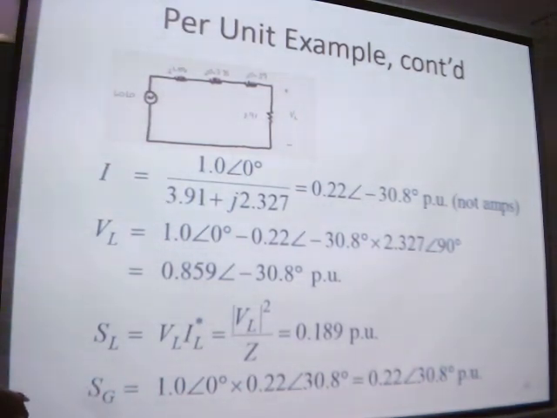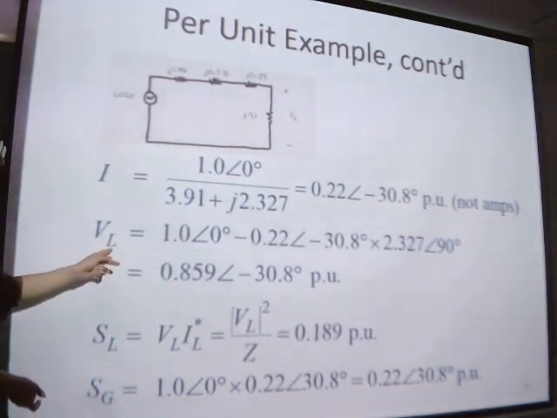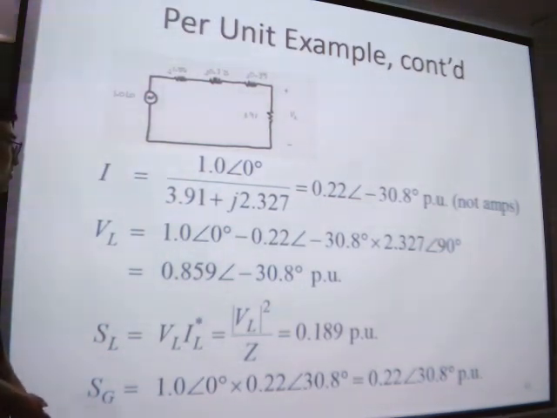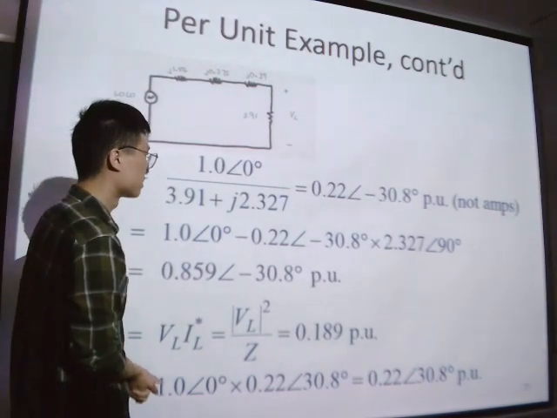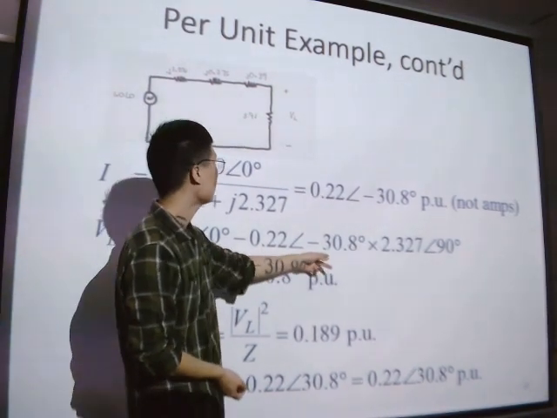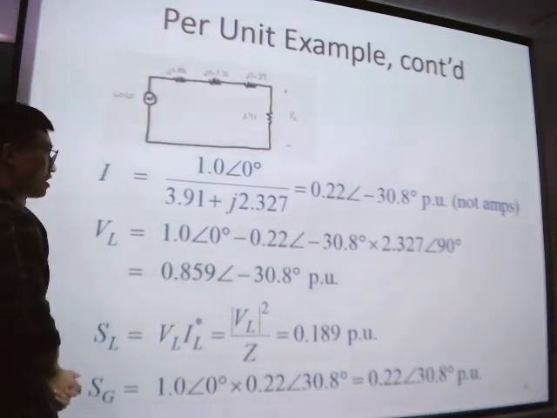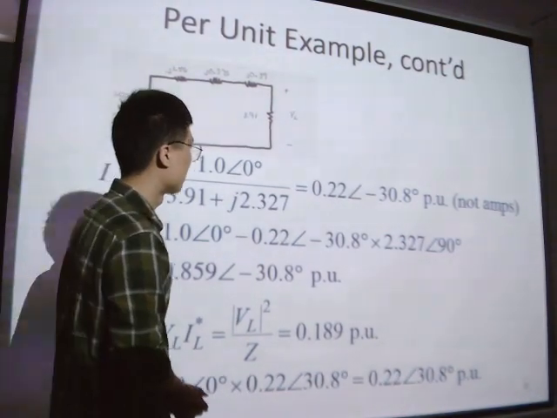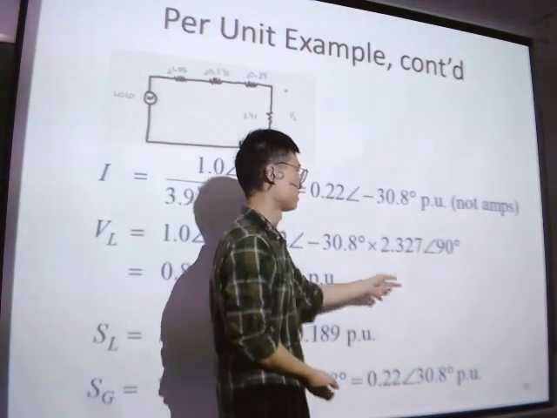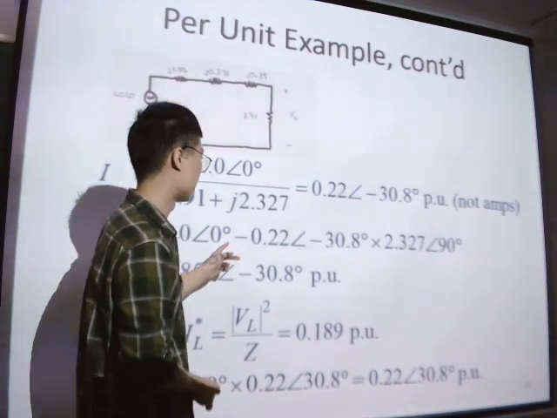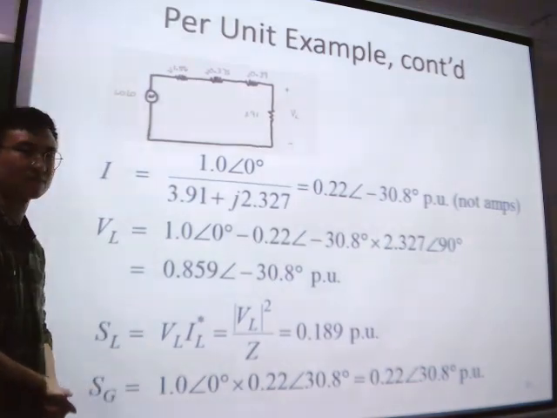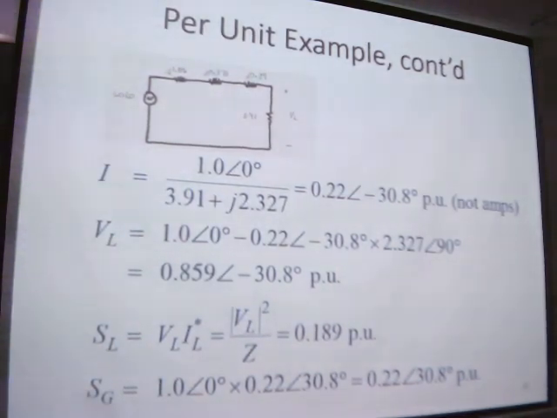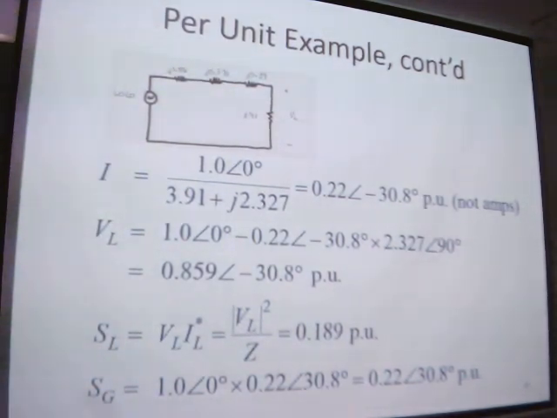So VL is the voltage of the node, okay? 1 is the source voltage, and here is the current. How about here? Why 1 minus this part? How do these variables come from? Anybody knows? The current divider law. This is the voltage divider law.